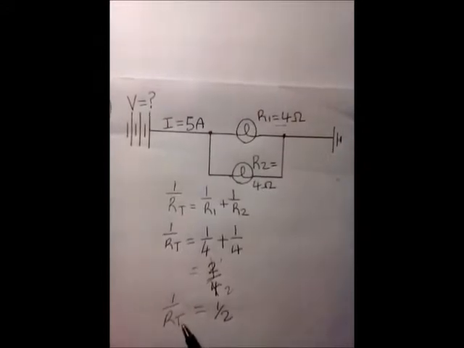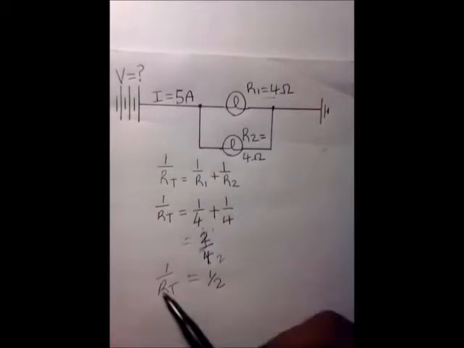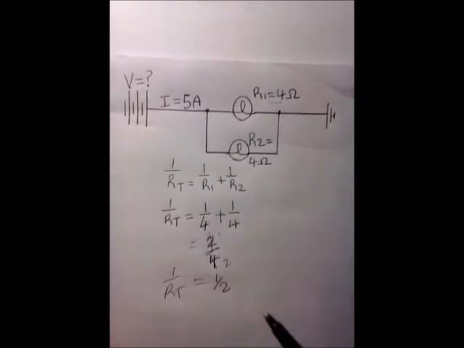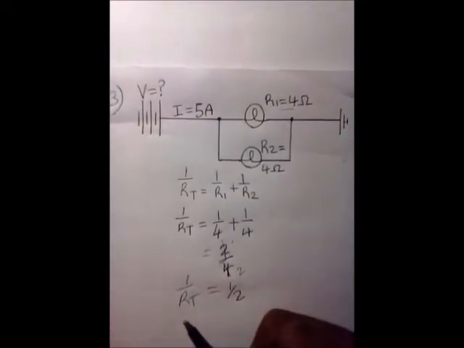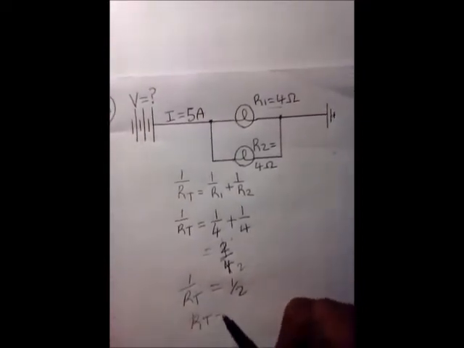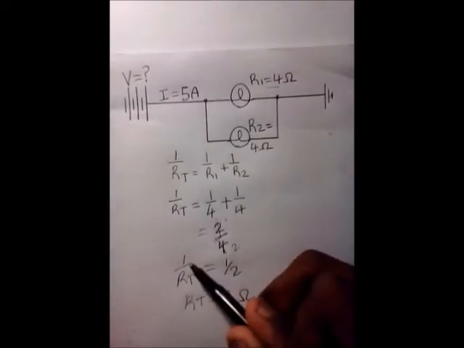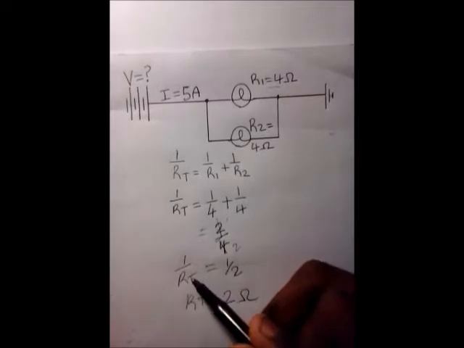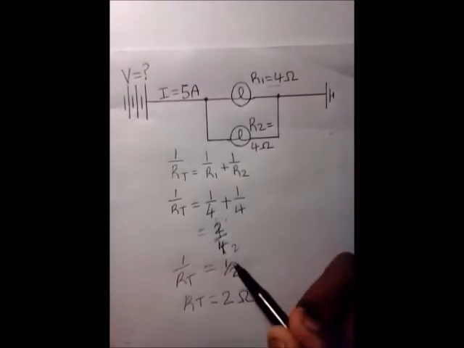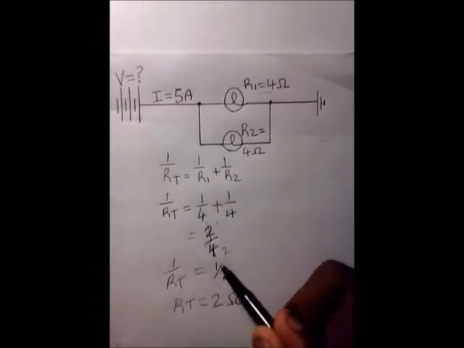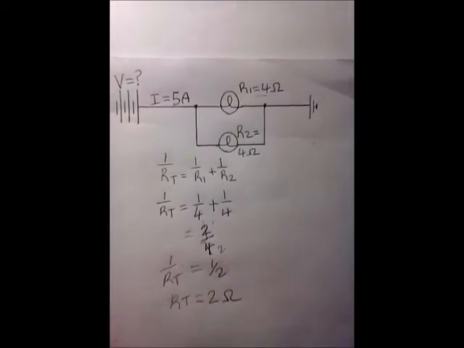We need the total resistance, not the inverse of it. To get RT, you invert this. So RT would be equal to 2 ohms. This is inverted, so to get the total resistance, you have to reverse this fraction. So you invert it and you get 2. So the total resistance is 2.